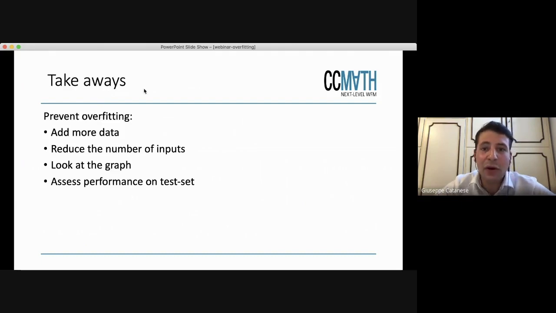The takeaways from all of this on how to prevent overfitting: add more data, reduce the number of inputs, look at the graph, assess performance on the test set. If you have any question, you can write it in the chat, or maybe by voice also.